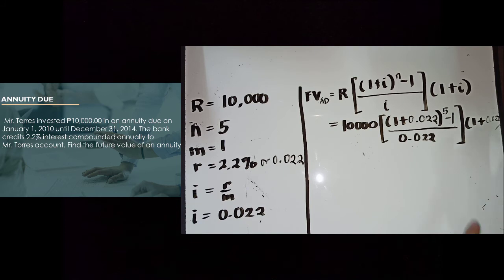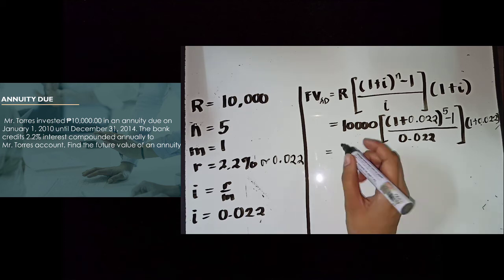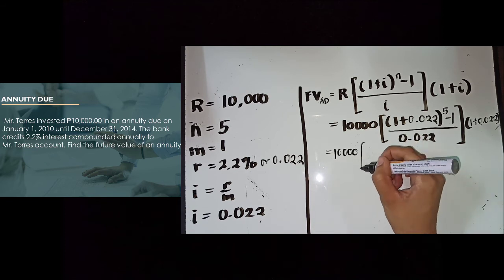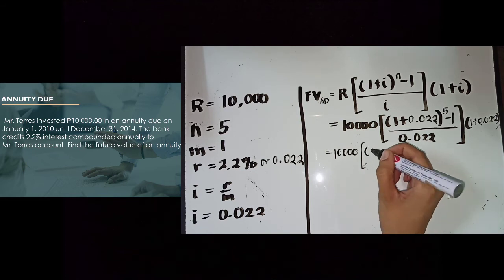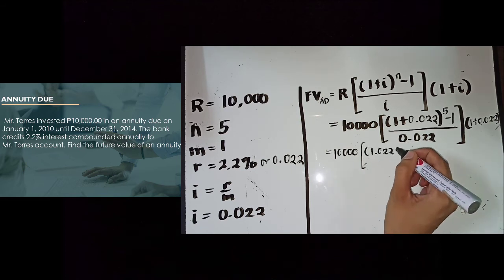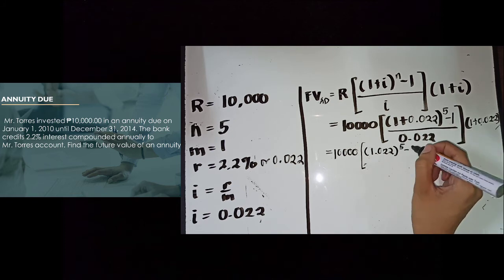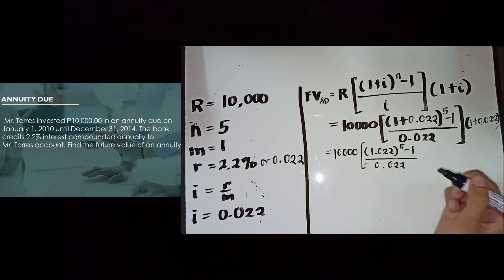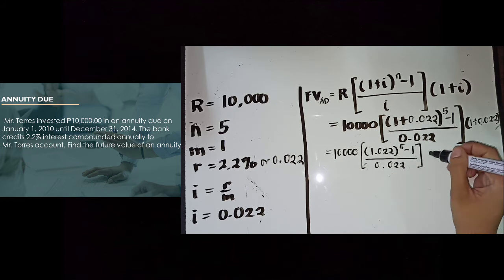Okay, so next, that is equal to 10,000 multiply by 1.022 raised to 5 minus 1 over 0.022, then multiply by 1.022.